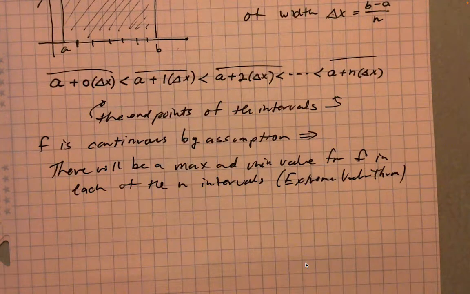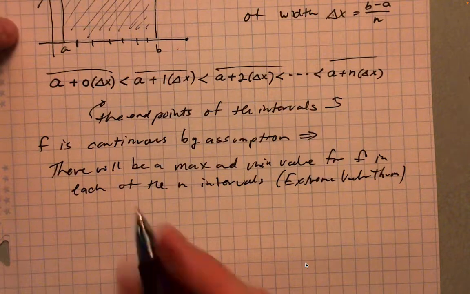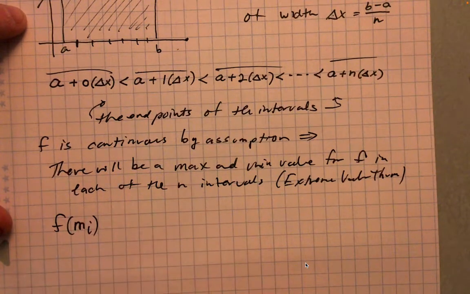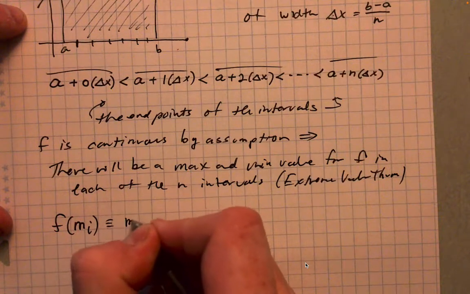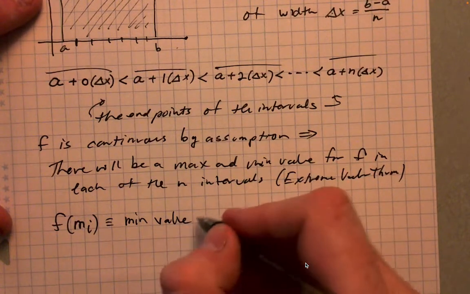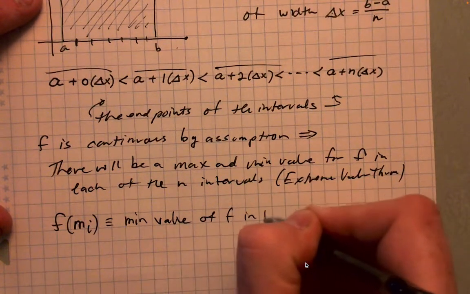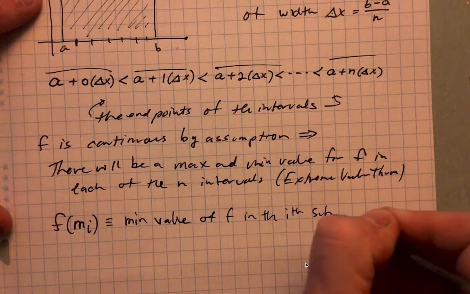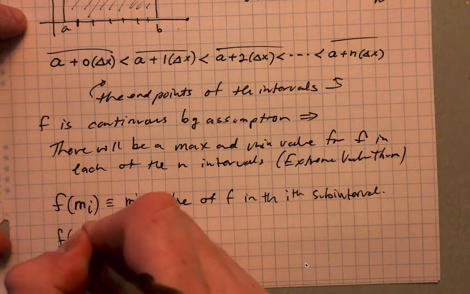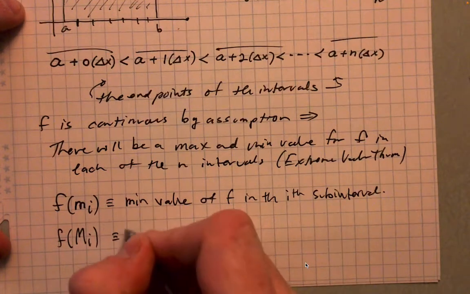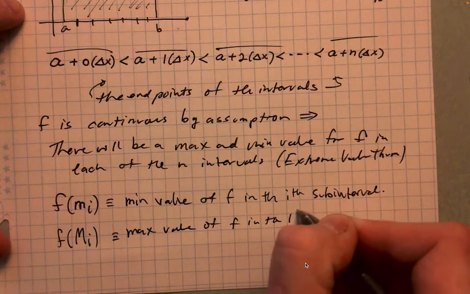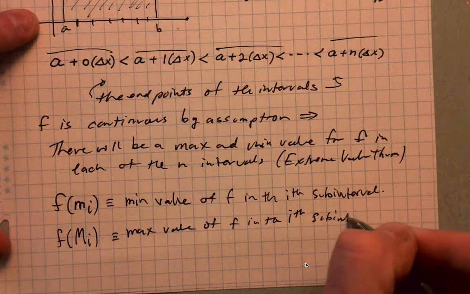Very good. We're going to use the following to denote those pieces. F of little m i is going to be the min value of f in the ith subinterval, and f of big M i will be the max value of f in the ith subinterval.